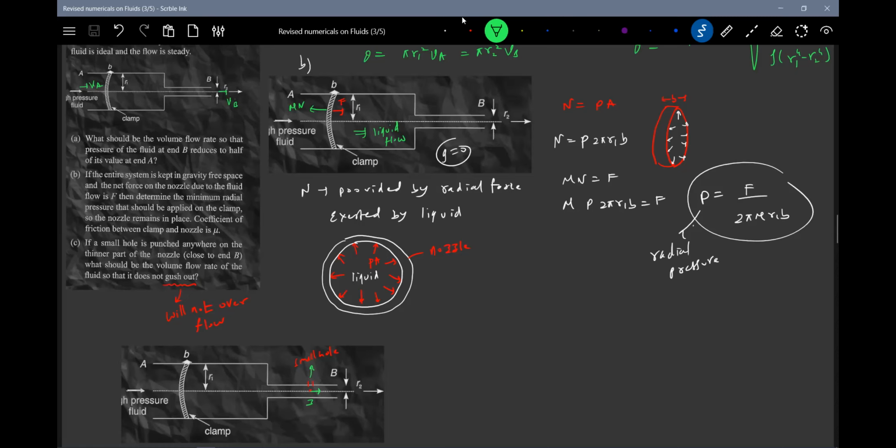What should be the flow rate? What is the pressure at B? Pressure at B should be P naught. And what should be the pressure at that particular point? So somewhere point 3 is what we are taking.